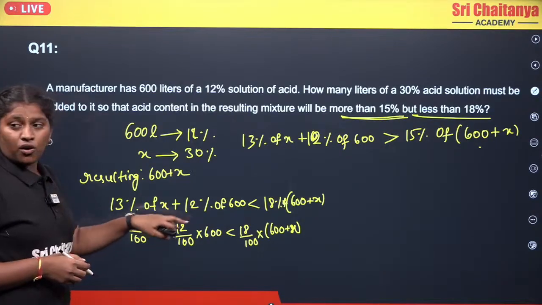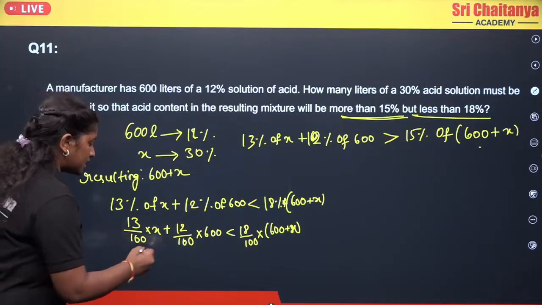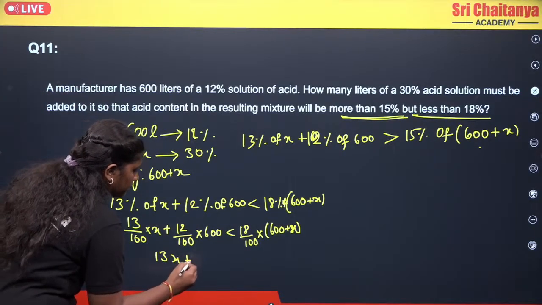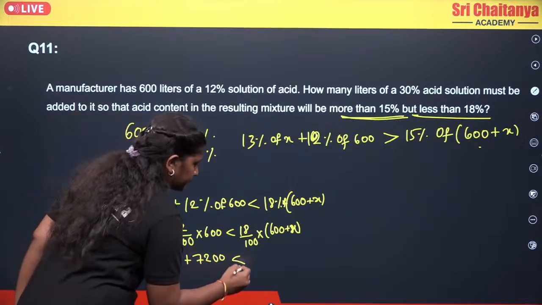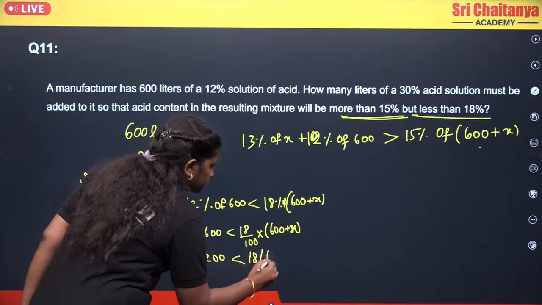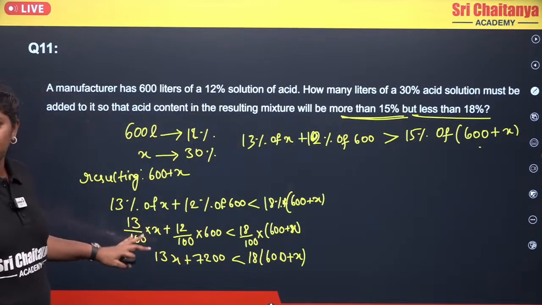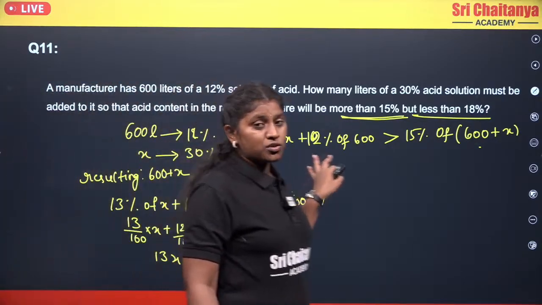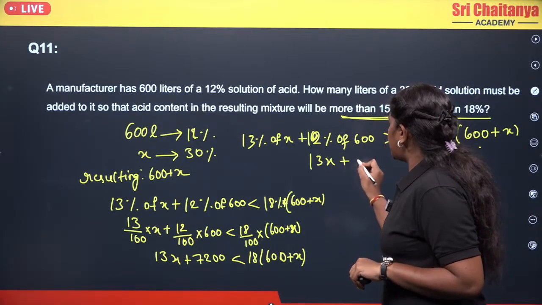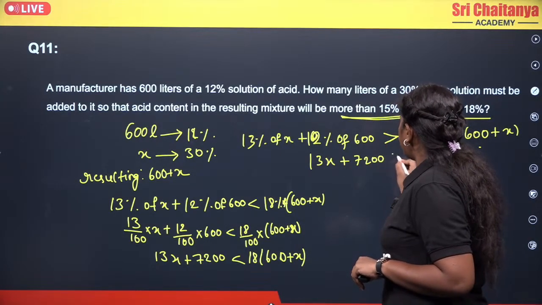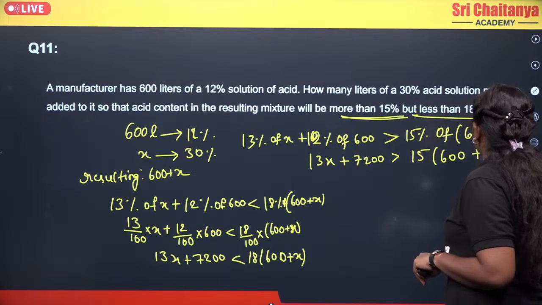Yes. Now just solve this inequality, then you will get 100. We will cancel on both the sides, so that becomes 13x plus 7,200 less than 18 times of 600 plus x. Okay, so if you simplify this inequality, and from this also you will get one inequality, right? So that is 13x plus the same 7,200 is greater than 15 of 600 plus x.